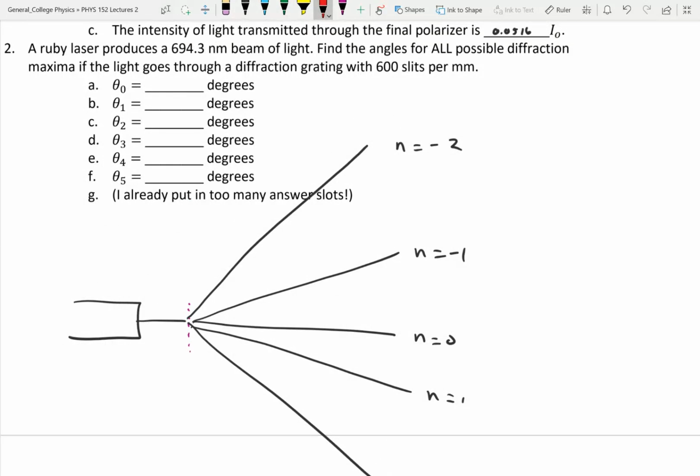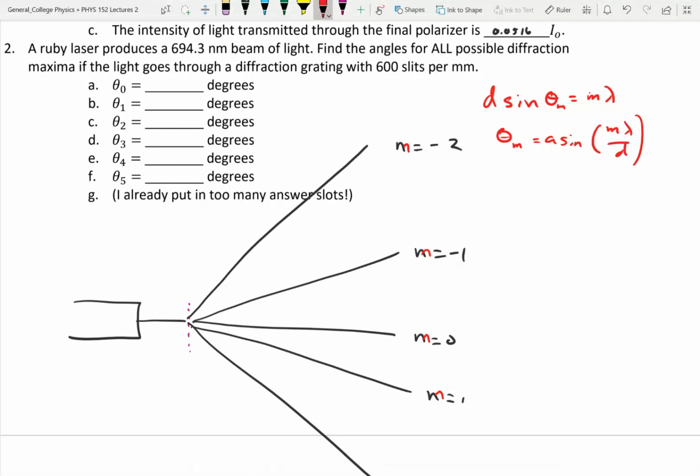My equation is d sine theta is equal to, I called that n there, I should have called it m, just so we don't think index of refraction, m lambda, where m is an integer. So solving for theta, theta subscript m is equal to arc sine of m lambda over d.